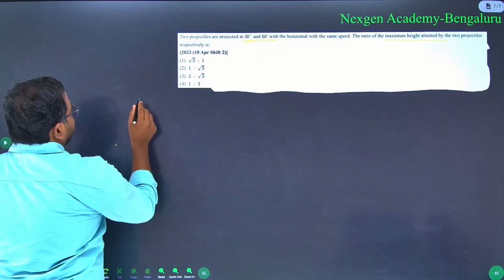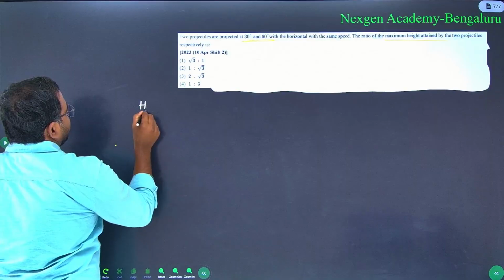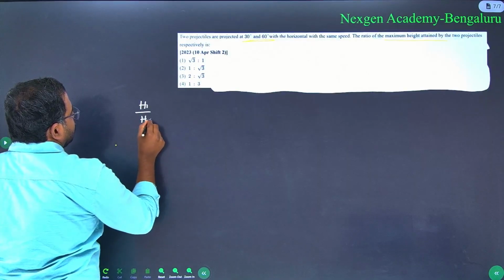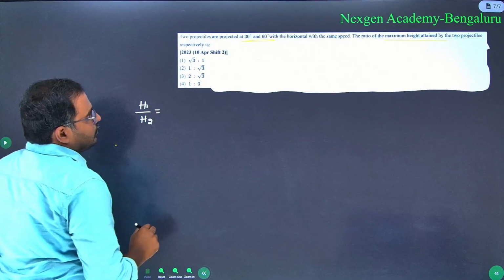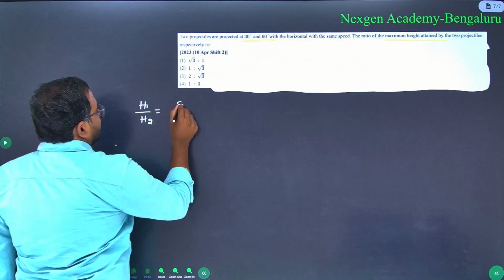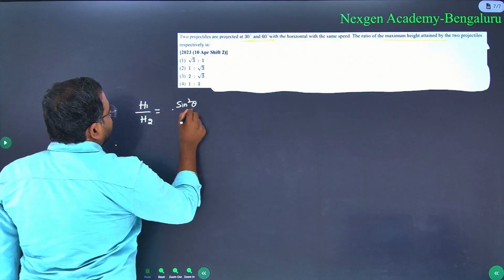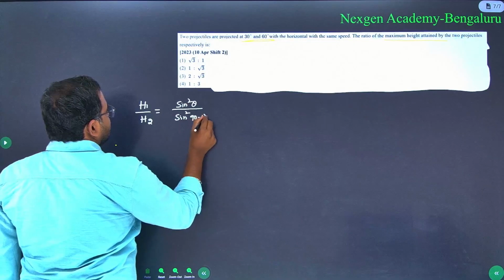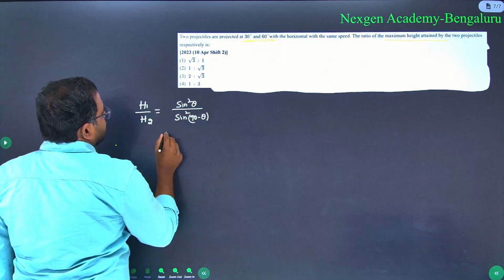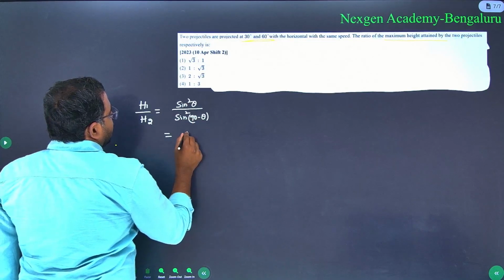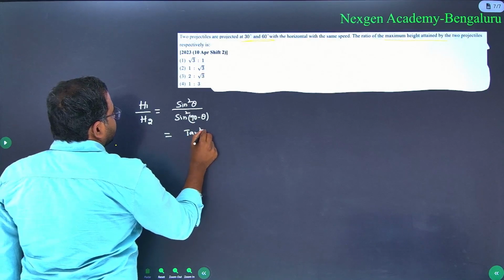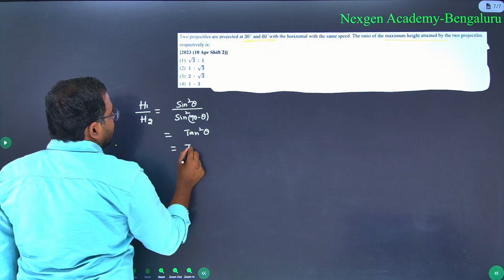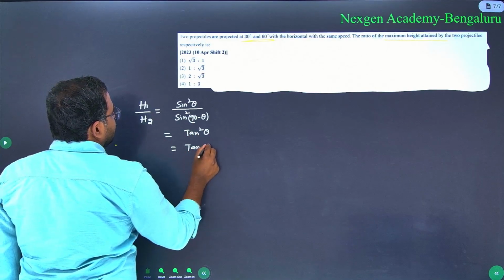And here they are asking h1 by h2. h1 by h2, u square will be cancelled out. Sine square of theta by sine square of 90 minus theta, which becomes cos theta. This is equal to tan squared theta, which is equal to tan of 30 degrees whole square.